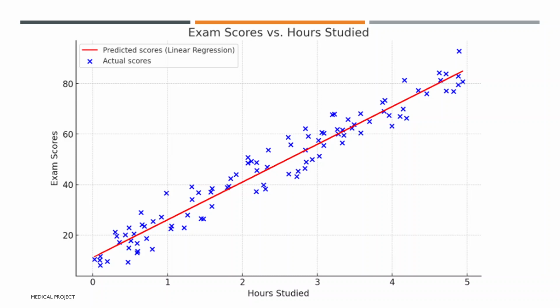If you want to predict the exam score for someone who studied, say, 3 hours, you would do the same thing we did in the case of 4 hours. You find the 3 hours on the x-axis, that's the horizontal, and move straight up to the red line.